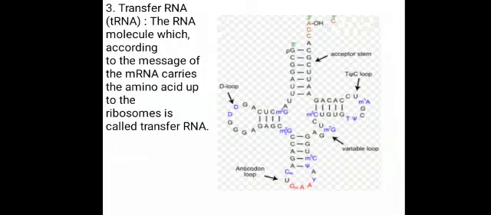And the last one is tRNA, that is transfer RNA. This RNA molecule, according to the messenger RNA, carries the amino acid to the ribosome. So this is the basic information related to RNA.